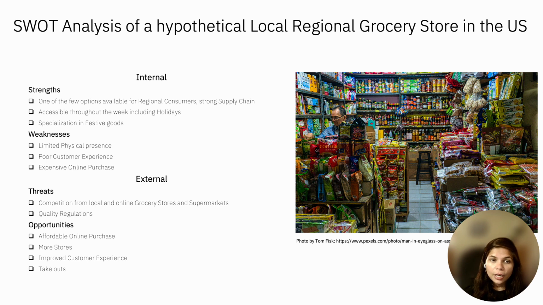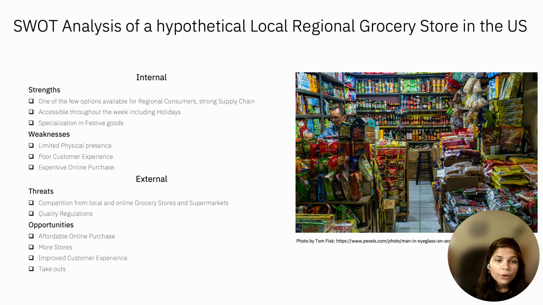The supply chain delivers all the products on time. There is a good negotiation already established on how much cut they are going to get for each delivery or for a specific product. So all those are going to be the strengths of that grocery store.